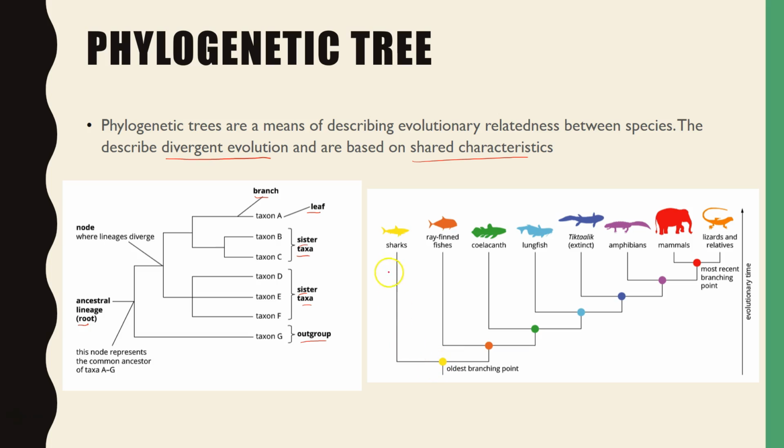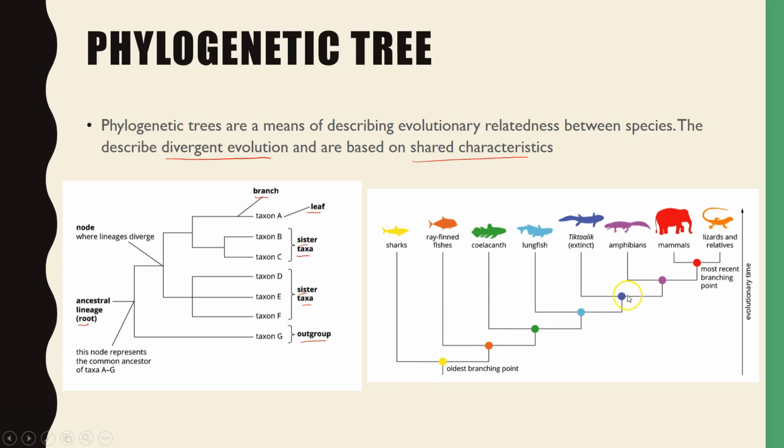So we can see that sharks are very distantly related to lizards because they have diverged a long time ago. So they will not share very many DNA sequences or amino acid sequences because they have mutated or changed over time.